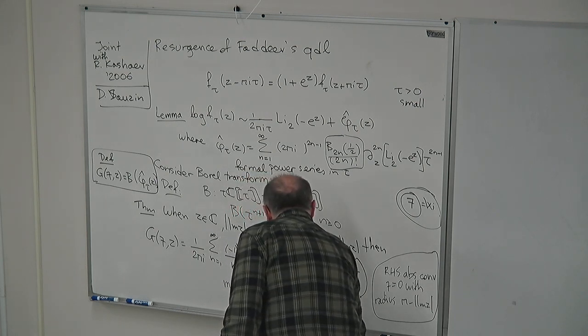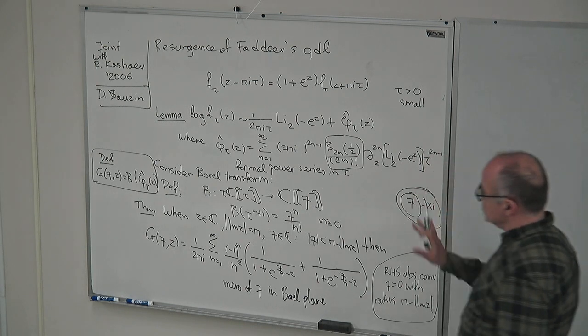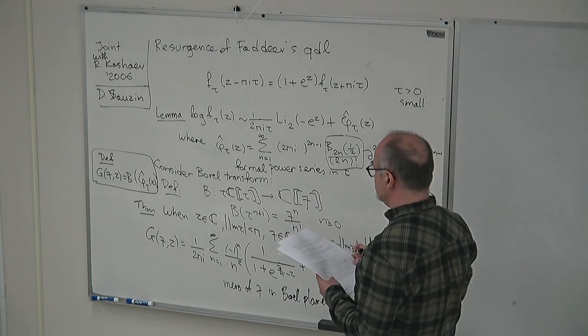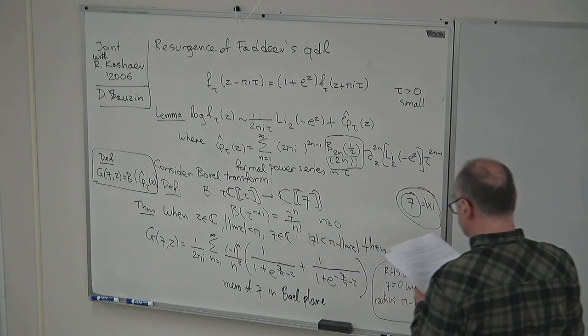And not only that, you get much more. You get bounds, and you also get the location of the singularities, which move depending on z.